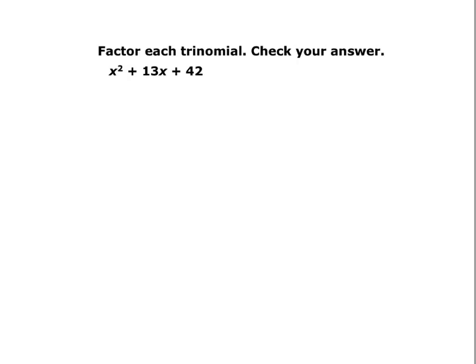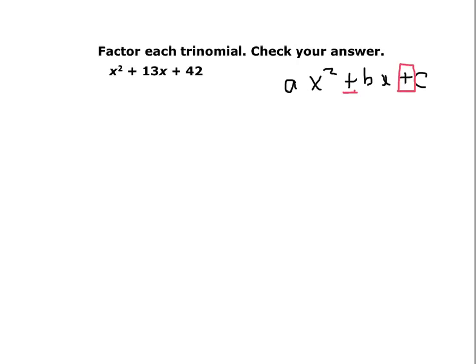Okay, let's take a look at how we can factor this problem right here. First of all, let me give you some background. Let's write ax squared plus bx plus c. First of all, when the c value, which is my constant value, is positive, I'm going to look at the sign of my b value, which is my linear term, because that b value will tell me what my signs are.